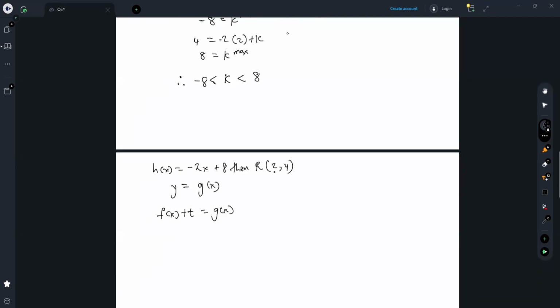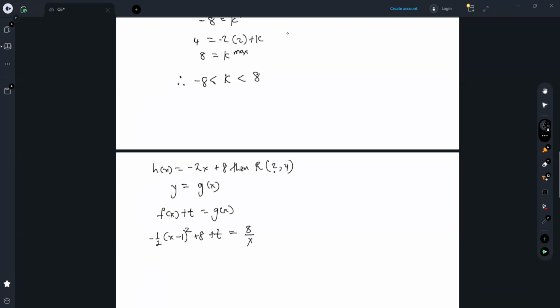So now, what is the equation for f of x? Remember that f of x is negative 1 over 2 times (x minus 1) all squared, plus 8, and then we have to add plus t, which is going to be equal to, what is g of x? It's just 8 over x, like that.